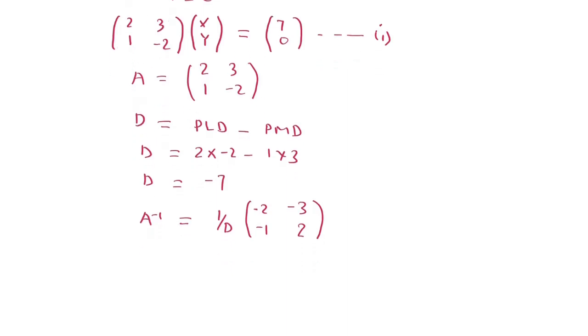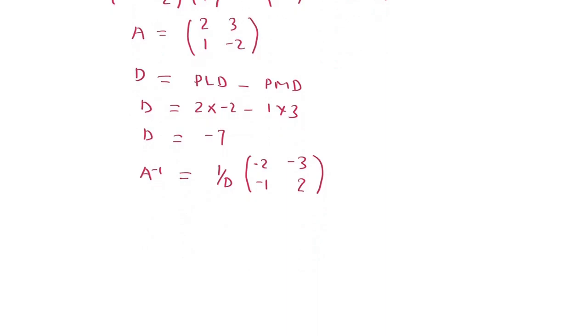Substituting the calculated determinant, matrix A inverse equals negative 1 over 7 times the matrix [negative 2, negative 3; negative 1, 2].